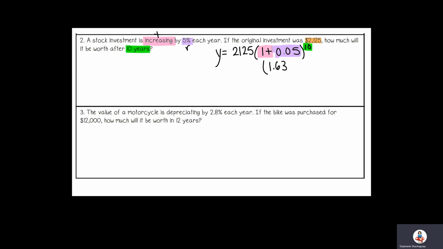And that's going to be multiplied by 2,125. And you get $3,461.40. So that's the amount of money in the investment after 10 years.